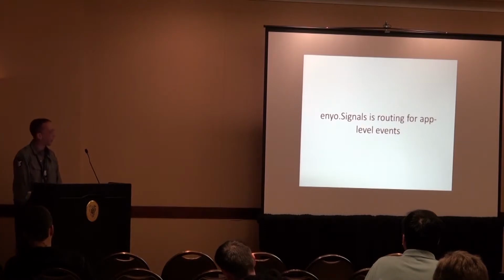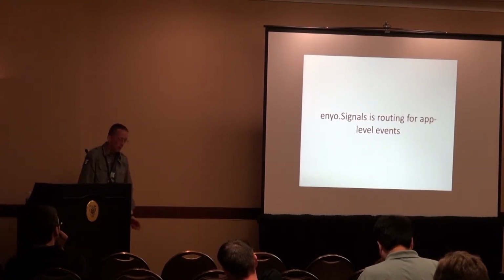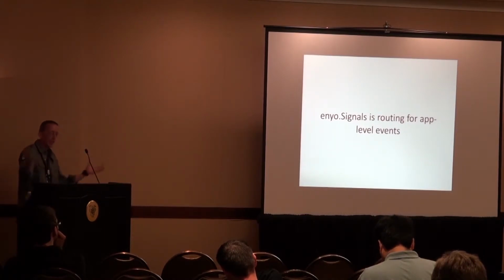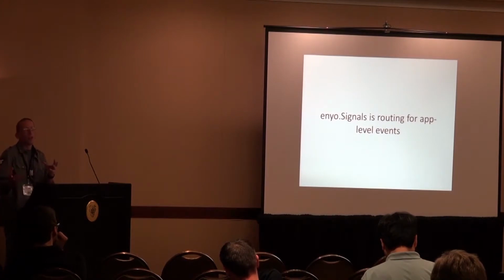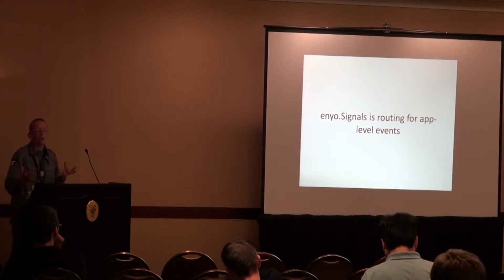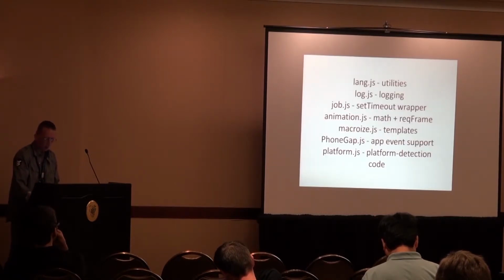All right, Enyo signals. This is a special event handling system for app level events or things, events that aren't associated with DOM nodes, right? You want to use this Enyo signals thing. Let's see if we've got a good example in here. Nope.